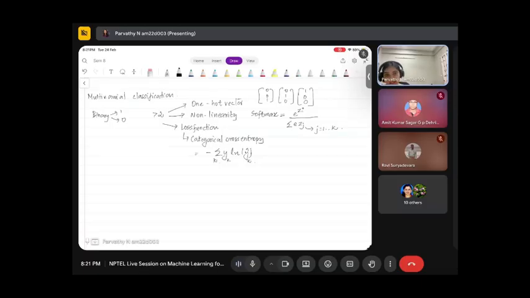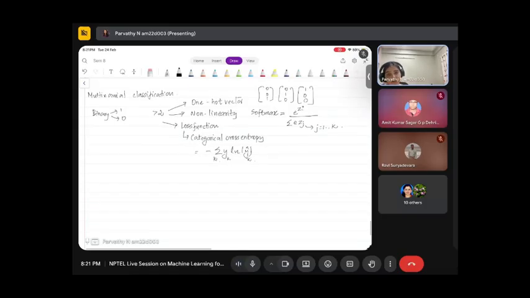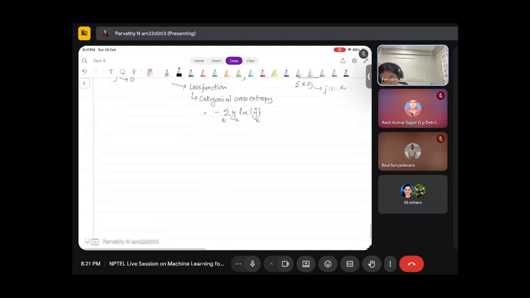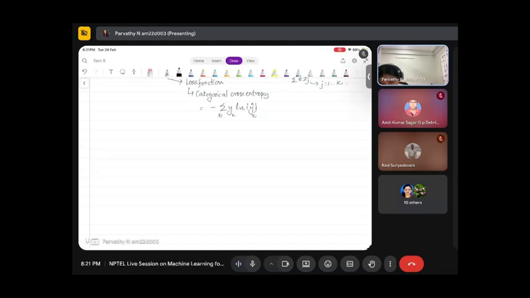And if we have three classes, then the number of weights will be three classes into 3600 weights, plus the bias terms for each of the classes. So these are the weight matrices for the multinomial classification. Then there is a short explanation about the biological neuron. So I'll check some questions.